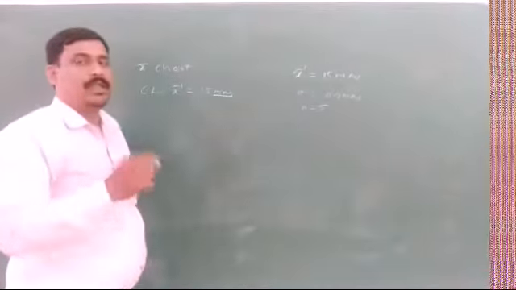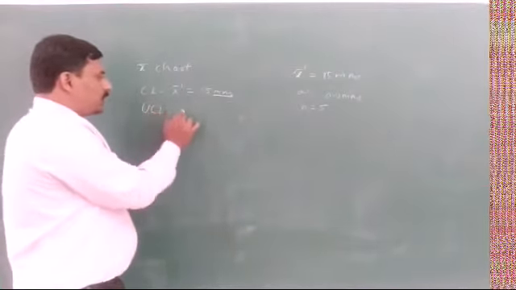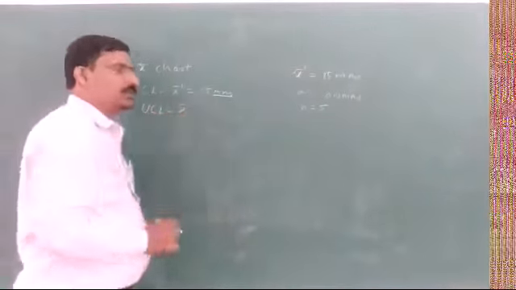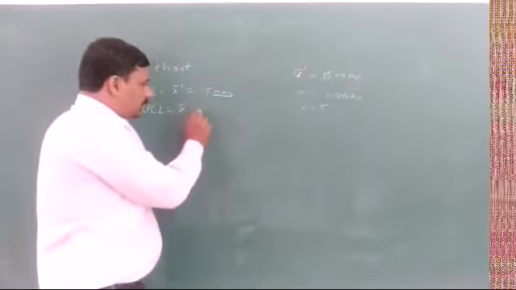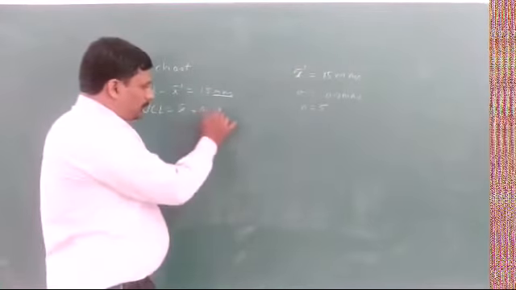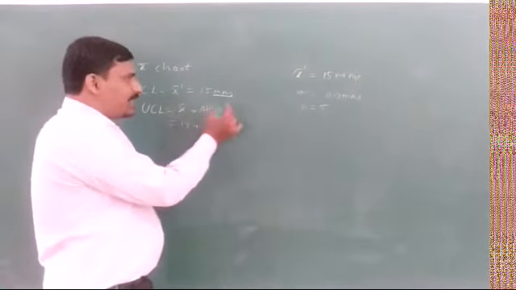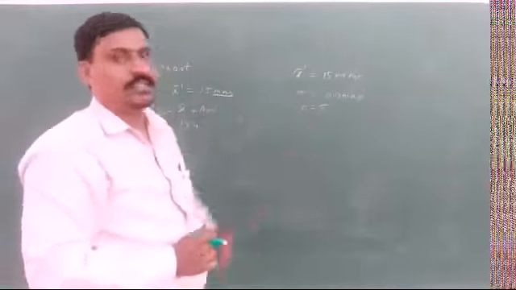Then the upper control limit is equal to X bar dash plus A sigma dash. So X bar dash is 15, plus the A value for when n is 5.